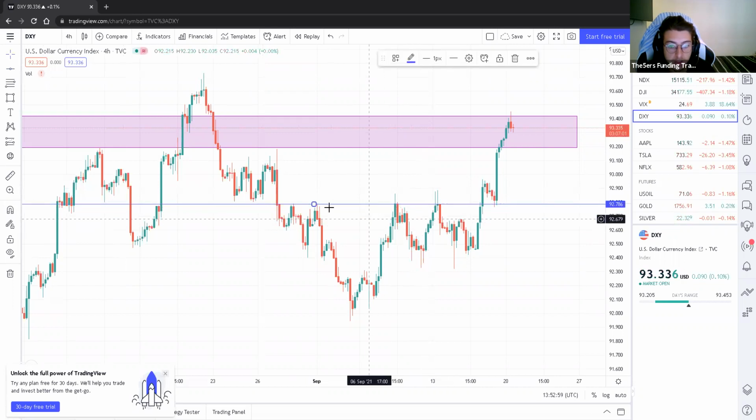You had this zone that was a resistance for a few days, it broke, made a retest, and actually created a demand here. We made, I don't know, it was 92.78 to 93.30, sorry, and here will be the decision point.